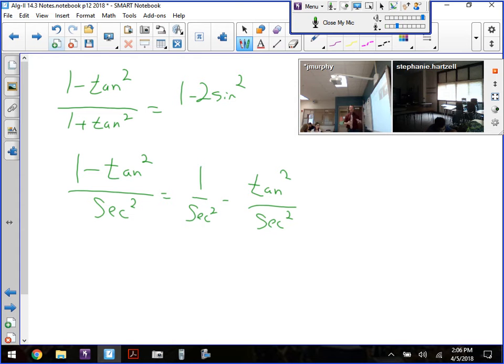Now, I'm going to rewrite everything in terms of sines and cosines. What is 1 over secant squared? Cosine squared. All right, it's cosine squared. And then I have sine squared over cosine squared divided by 1 over cosine squared.